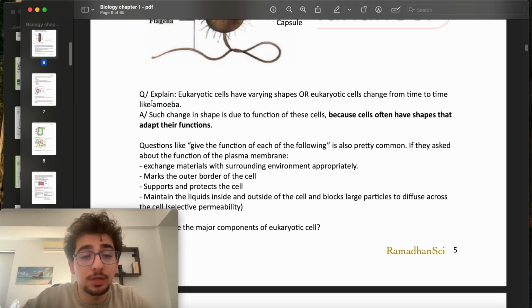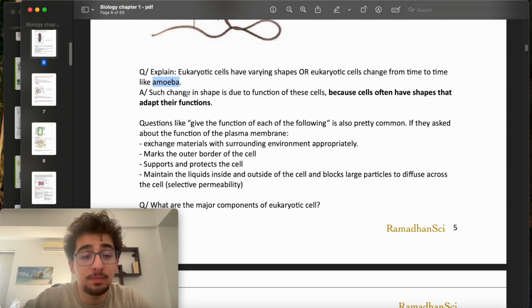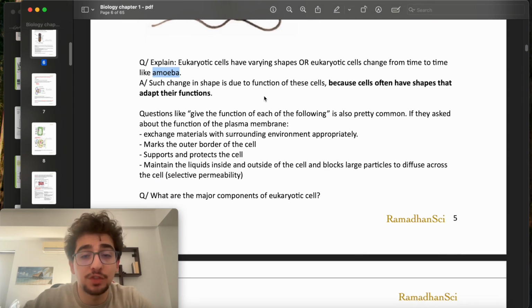So amoeba here is just a generic term. Any cell that is able to do that, we call amoebic feature. But this book refers to amoeba as if it was a separate organism, even though it's not. Amoeba can mean any cell that is able to perform this feature of changing shape.